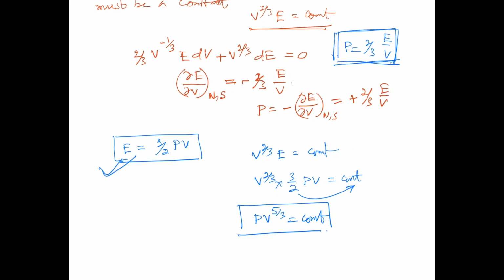And obviously this is the equation for a gas undergoing an adiabatic process. Remember, we have taken the example of a reversible adiabatic process. So that process is defined by PV to the power 5/3 equal to constant. Remember, we are taking monatomic molecules. For monatomic molecules, gamma is equal to 5/3. So basically this is PV to the power gamma equal to constant.